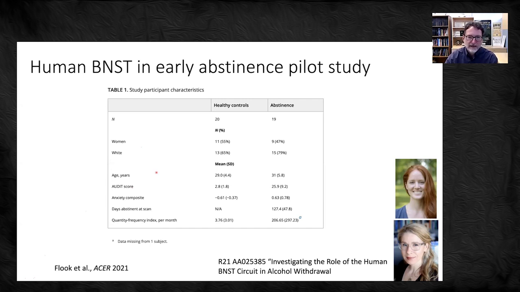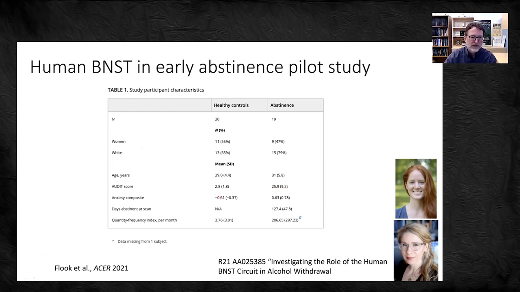Lizzie and Jenny then recruited an alcohol use disorder cohort in early abstinence in this initial R21 funded pilot study. We ended up with 20 healthy controls and 19 abstinent AUD subjects. You can see the audit scores, which are used to establish relative alcohol use disorder, much higher in the abstinence group compared to healthy controls.